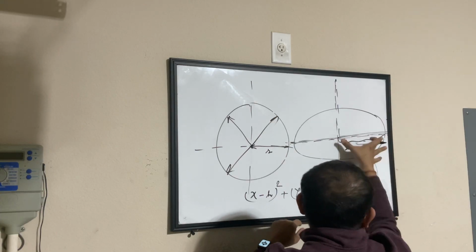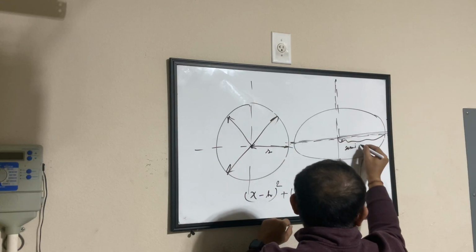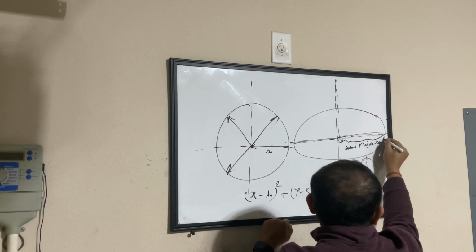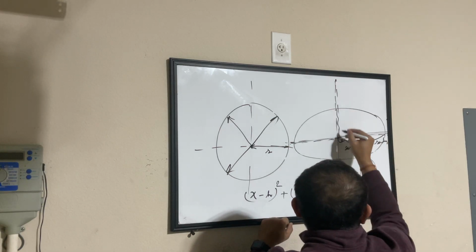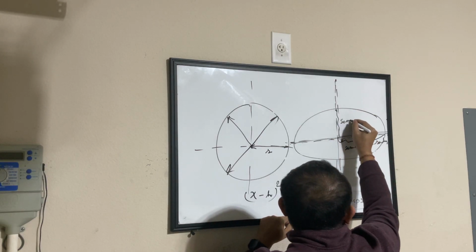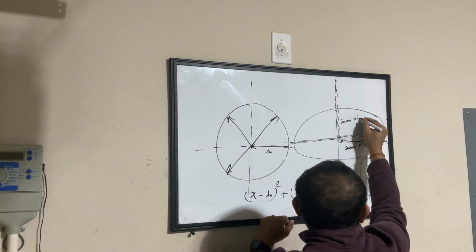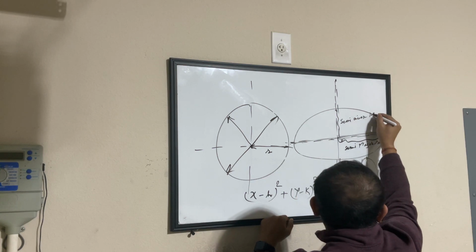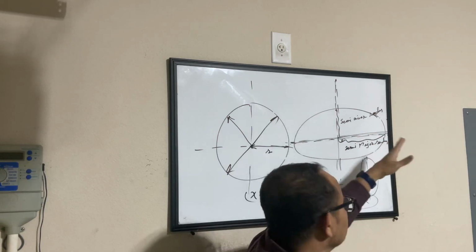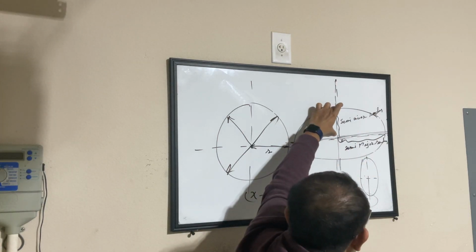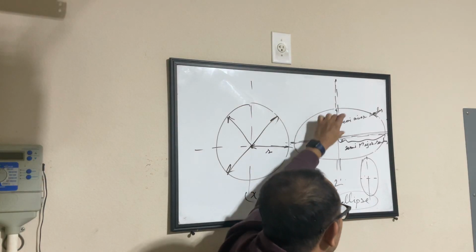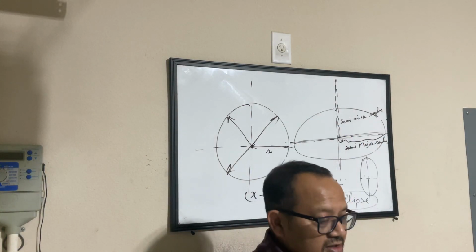From here to the end is called the semi-major radius, and this one from here to here is called the semi-minor radius. So this is your major axis, this is your minor axis, and from here to here is called the semi-minor radius, and this is called the semi-major radius.